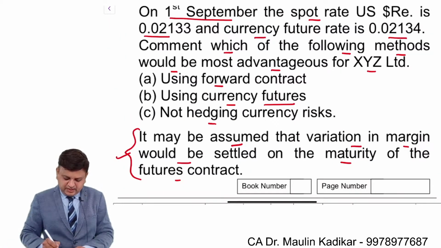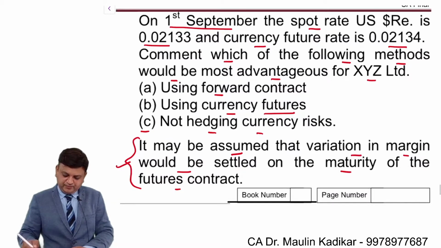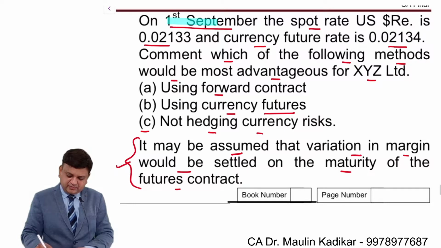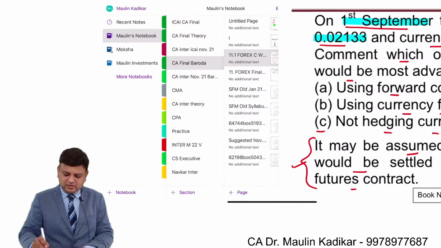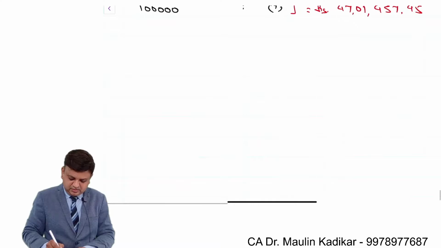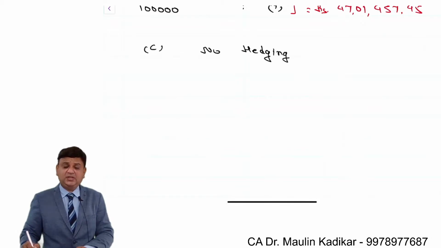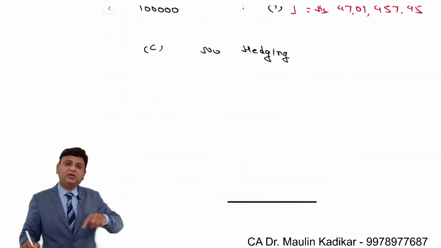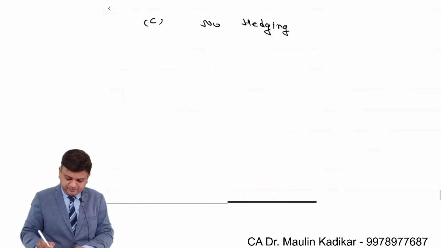Now instead of B, I am doing C because that is a small working. No hedging. So you can see that on 1st of September, the spot rate of dollar per rupee is 0.02122. So C, in that no hedging. Of course friends, we understand that if at all you do not hedge, then in that case you are required to convert the dollar into rupees at expected spot exchange rate.